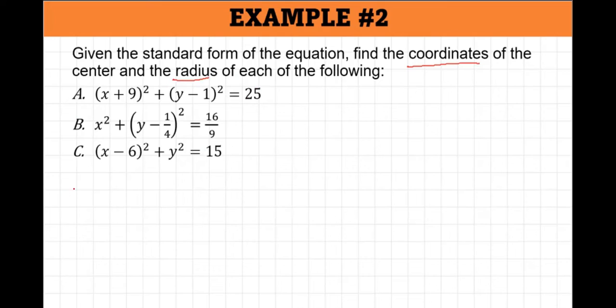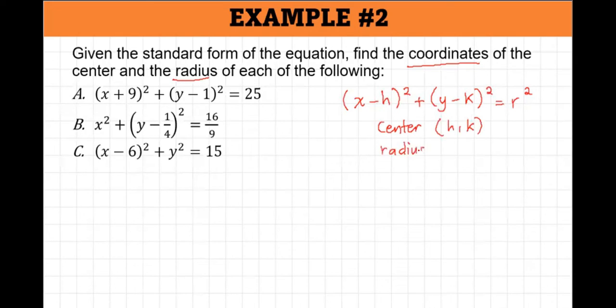So sabi ko nga, ang form natin ay, the equation is x minus h quantity squared plus y minus k quantity squared equal to r squared. Okay? Your center is h, k. Your radius is r, or simply the square root of r squared.